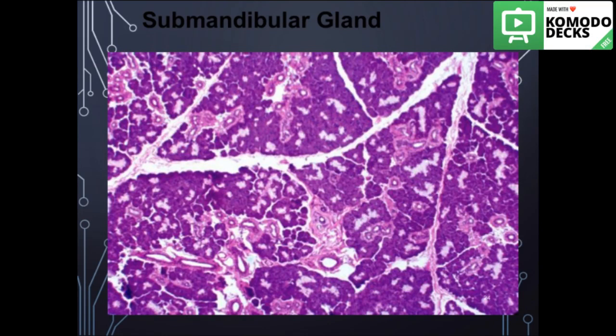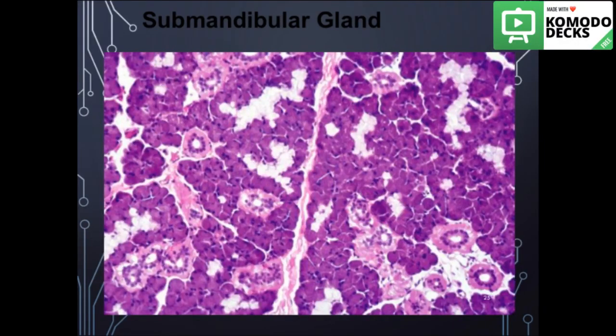Or we actually have collecting ducts. Again, we see a mixture of mixed secretory cells. The serous demilunes are sometimes obvious around the central mucus cells.